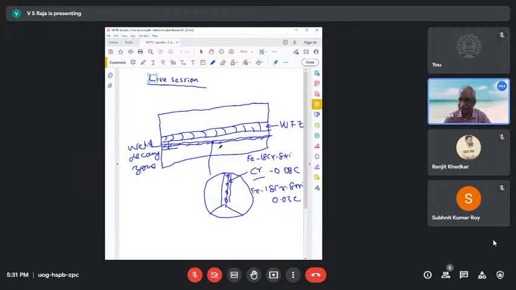So if I summarize, this is a carbon steel pipe that has been welded. Along the weld, the corrosion has occurred. Suppose this is the sheet and there is welding here, the attack has taken place along this.